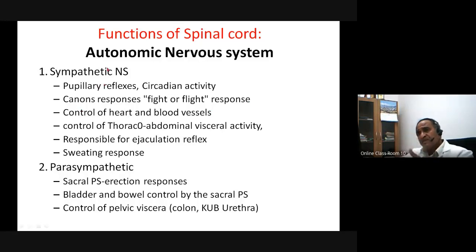This is the sympathetic coming, and control of thoracolumbar visceral activity. So I'm talking about all viscera present in the thoracic and abdominal compartments. These viscera, maybe glands, increase whatever they want to do, and then the smooth muscles.